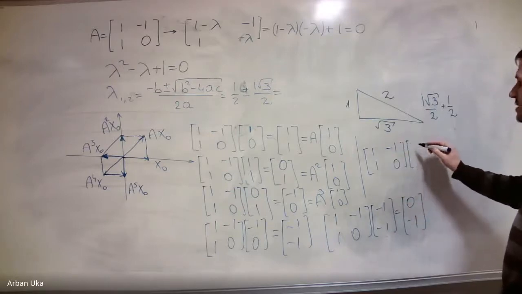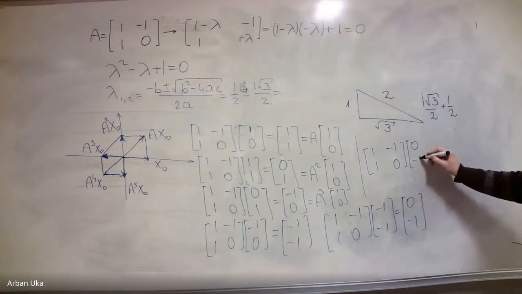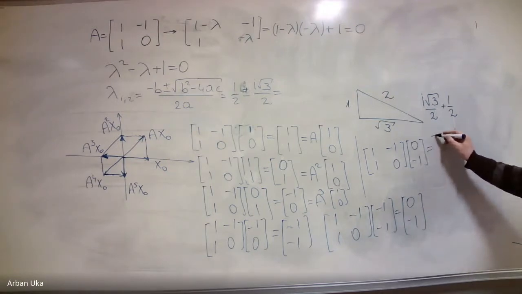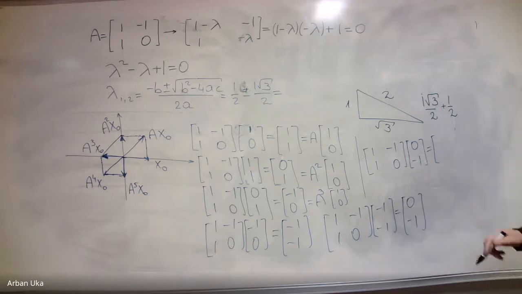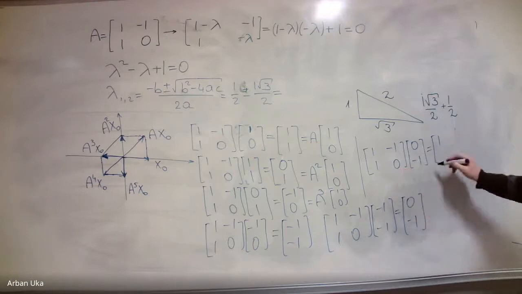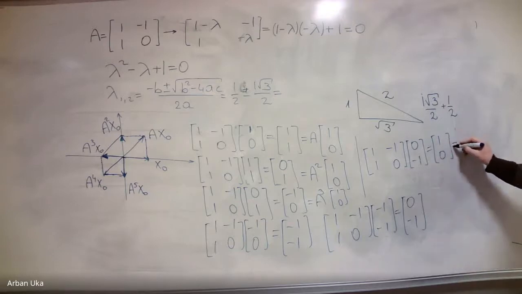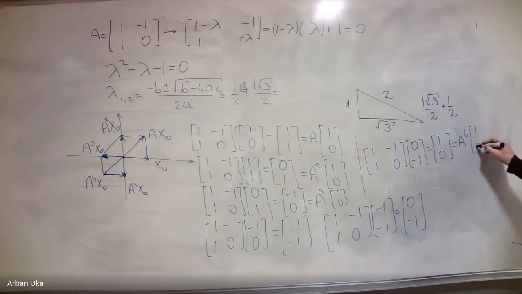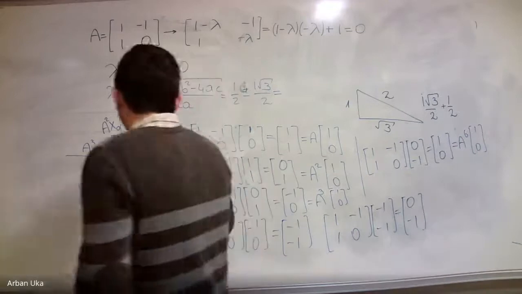We multiply this with where we are at, 0, -1. This is equal to 1, 0. So this is a to the power 6 times 1, 0. So it looks like we came back here.